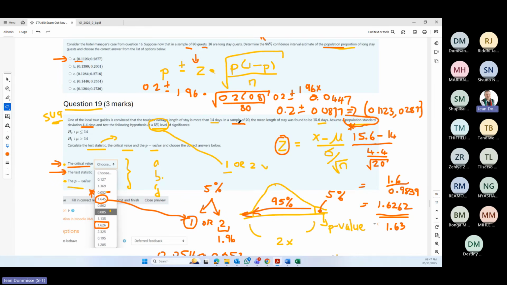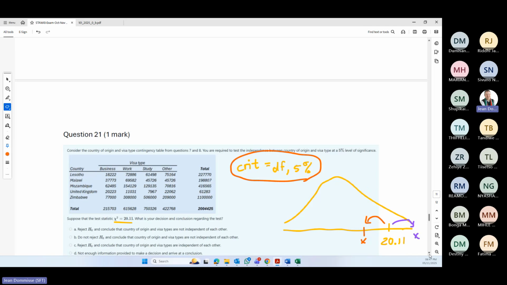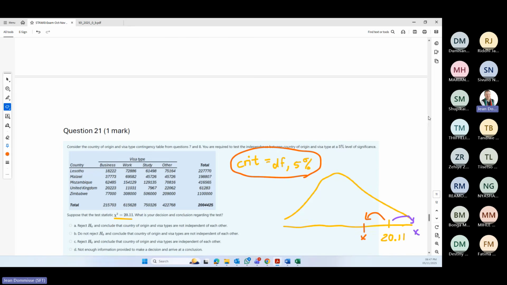When that sample is very small, you would have gone for a T. But whenever they tell you population, then you're very happy and you just continue.